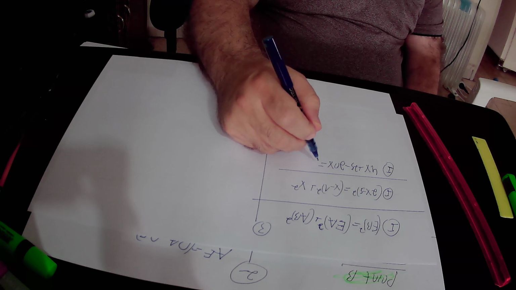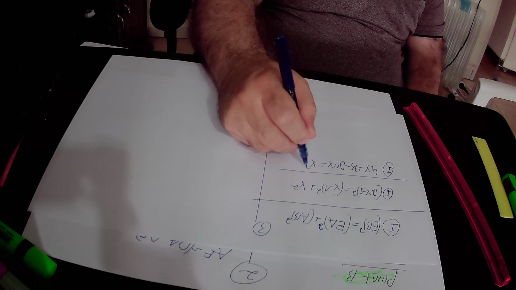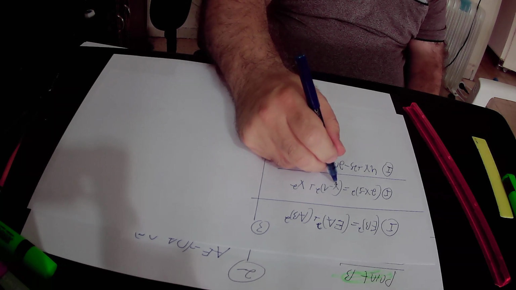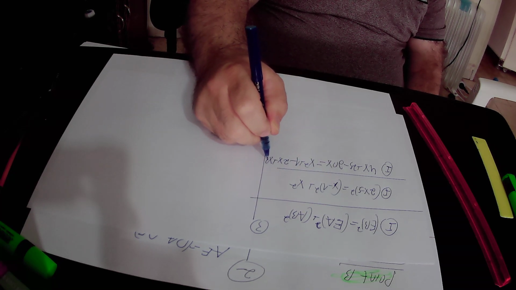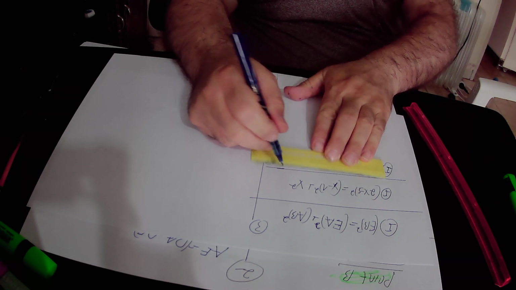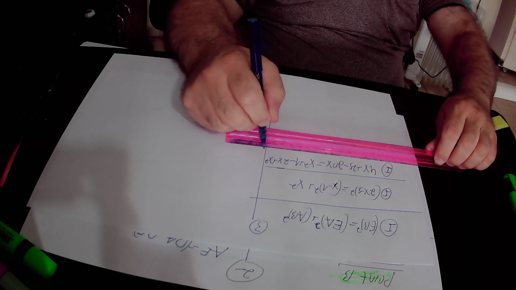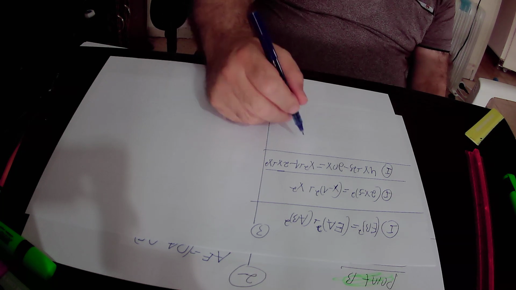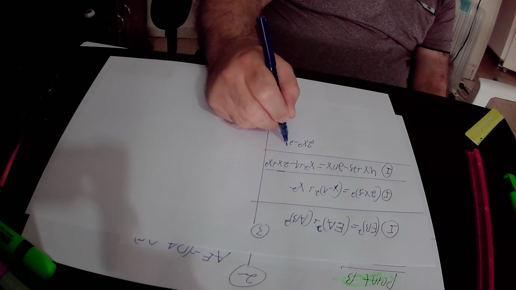That is equal to x minus 1 squared, which is x squared plus 1 squared, that is 1, minus 2x, plus x squared. On this side of equation number 1 we have x squared plus x squared is 2x squared minus 2x plus 1.